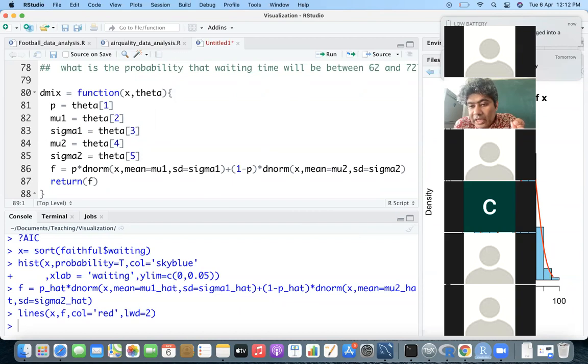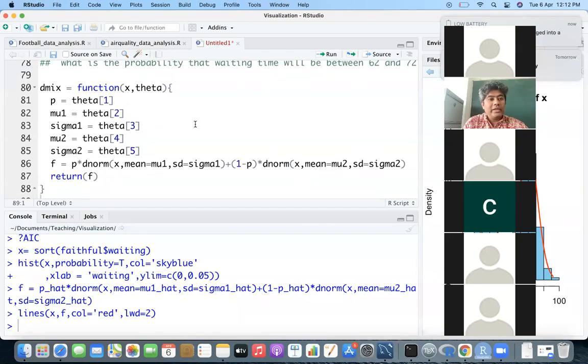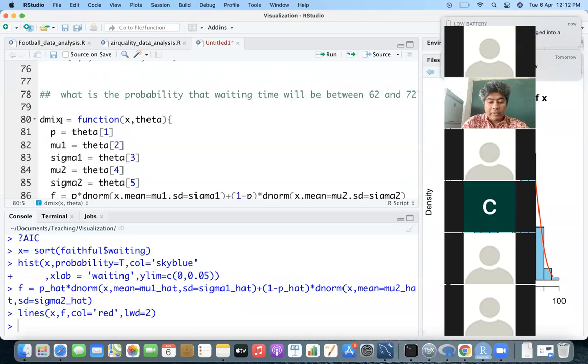If I give 60, what is the value on the red curve? That will be returned. So I'm calling dmix of normal mixture like this.